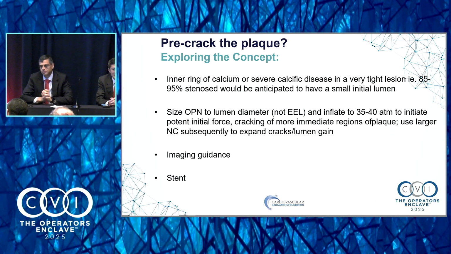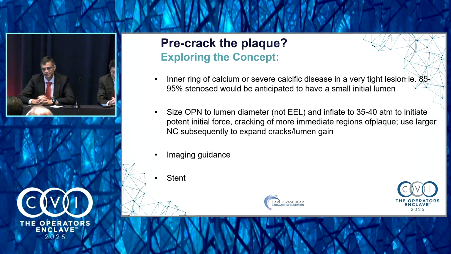So, pre-cracking the plaque. Just initially exploring the concept, what do I mean by that? Let's suppose, for example, you have a very tight coronary lesion with an inner ring of calcium or severe calcific disease in that very tight lesion. It's expected to have a pretty small initial lumen as you first approach the lesion.